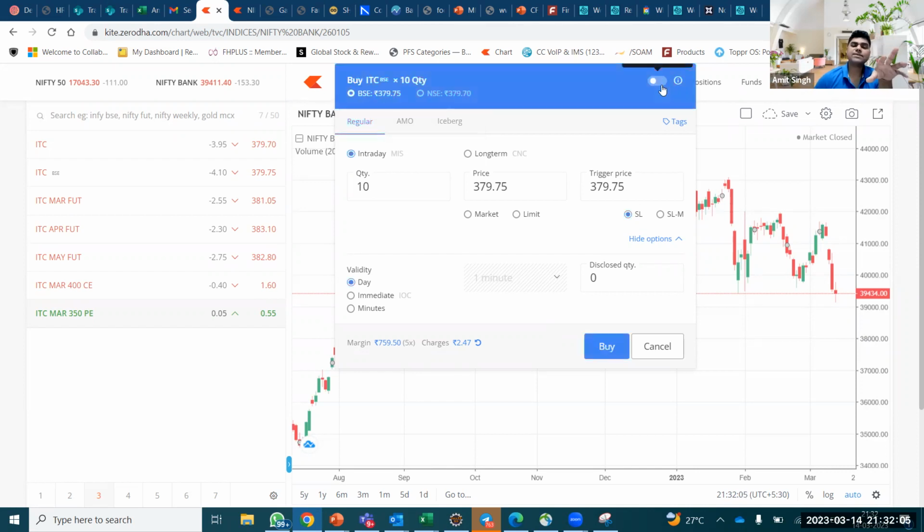Now a person who has already bought ITC 5 days back at some price, let's say 370 पे लिया था, 370 he has bought, and today he wants to sell the stock because the stock has gone 10 rupees up. So that will also be a sale transaction, right or wrong? Someone is holding already.